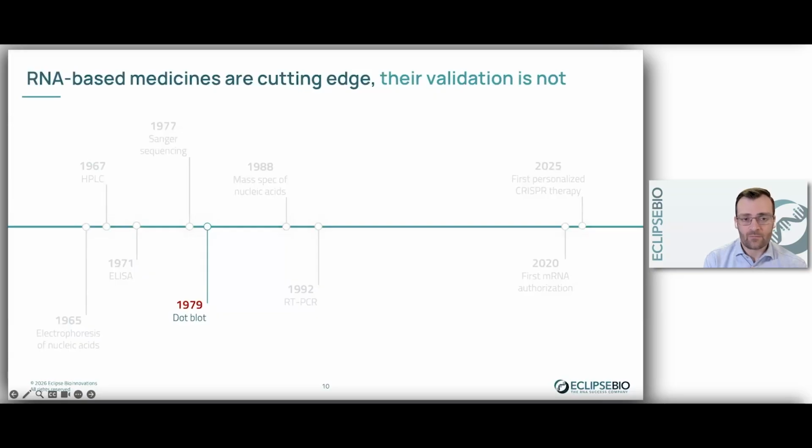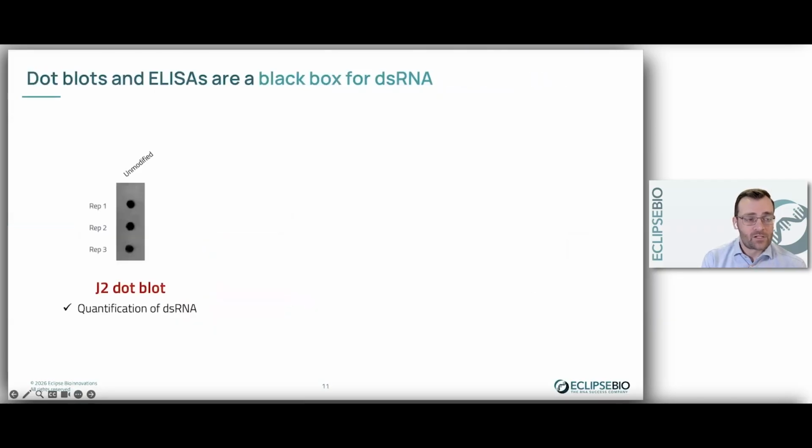Looking at a dot blot, which is an approach for measuring double-stranded RNA, a critical impurity that's generated during in vitro transcription. And if it's retained, it can trigger innate immune activation and degradation of the therapeutic. And so with the dot blot, you use an antibody against double-stranded RNA, and it gives you a very nice bulk quantification of here's the total amount of double-stranded RNA that's present.